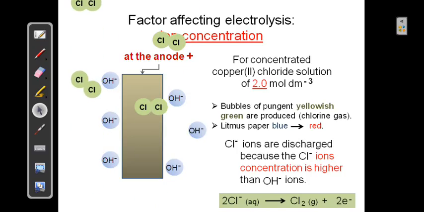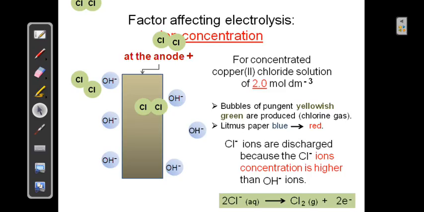Two chloride ions give off two electrons back to the anode, so they get discharged into chlorine atoms, and two chlorine atoms will bond together and become chlorine gas and be released. So bubbles of pungent yellowish-greenish gas are produced. That is the chlorine gas.